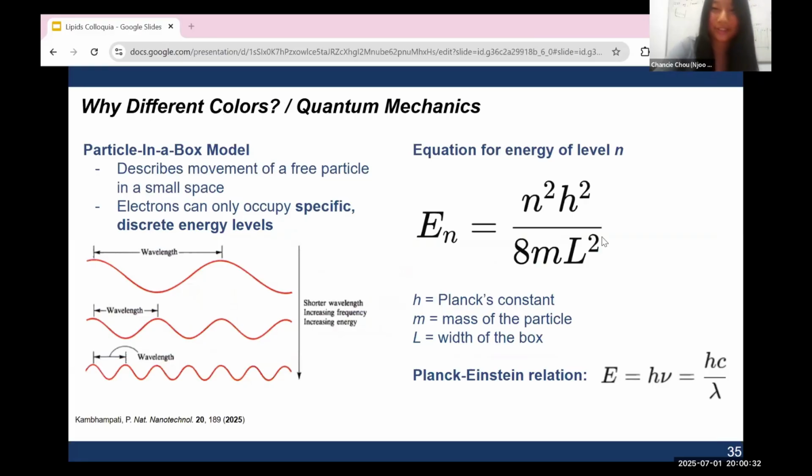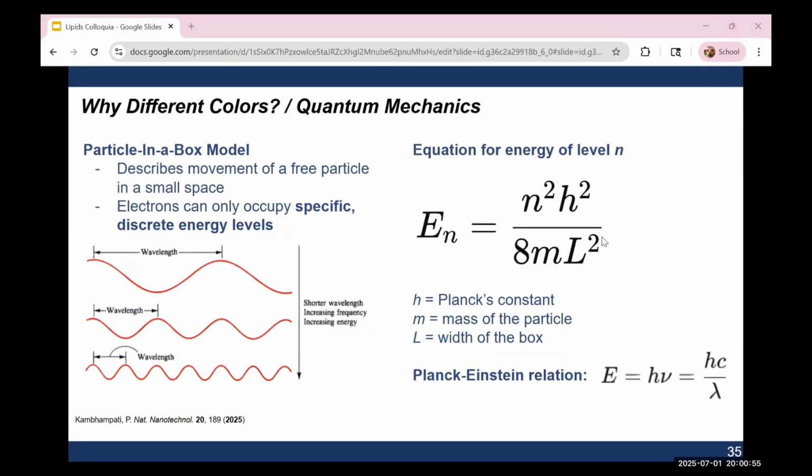So why do these larger quantum dots emit longer wavelengths of light? To understand this, we turn to a classic quantum mechanics concept, which is the particle in a box model. In bulk semiconductors, such as silicon, electrons are able to move freely within or between energy bands, so they're almost continuous.